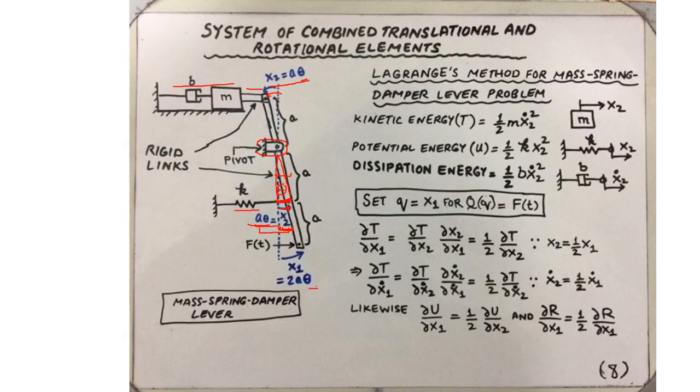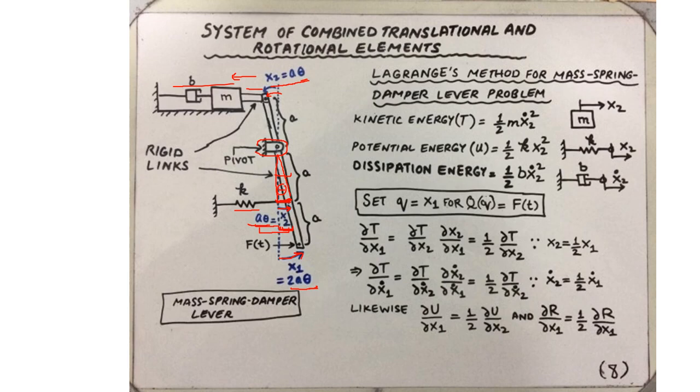So the mass also, the right terminal of the mass over here, also experiences the leftward displacement, x2 equals a times theta. Then comes the force. The force is applied to the bottom end of the lever where the arc length is different. Now this is x1. This is equal to 2a times theta.